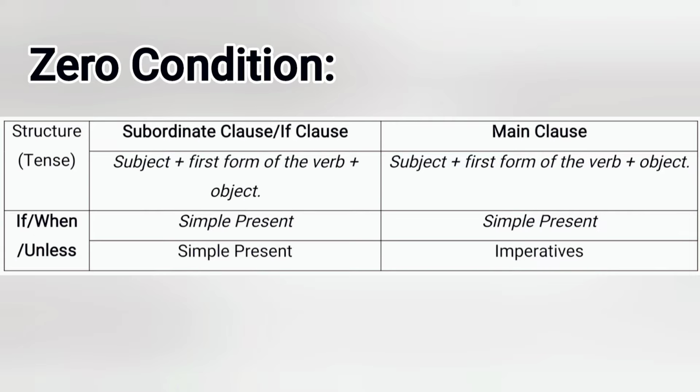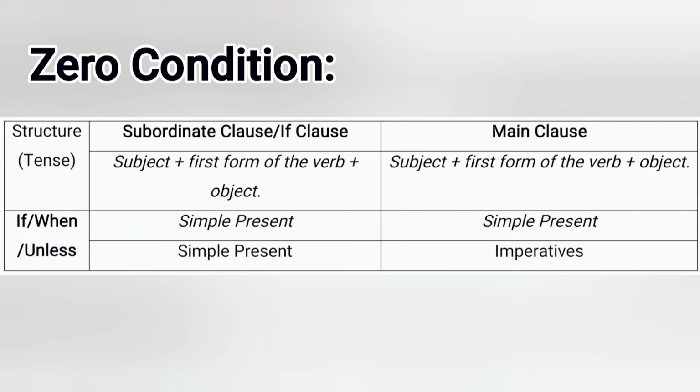Structure or the tense we call it. Subordinate clause, or we also call it if clause. Let us see the form of it and the main clause of it. We can use if, when or unless to express zero condition. The subordinate clause or if clause formula is subject plus first form of the verb, we also call it V1 form, plus object.